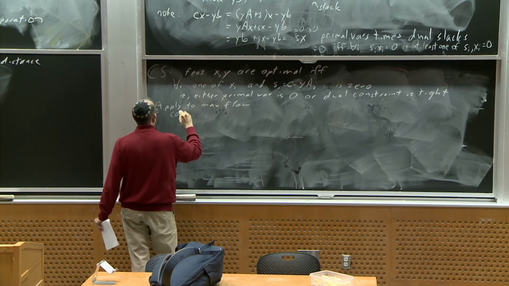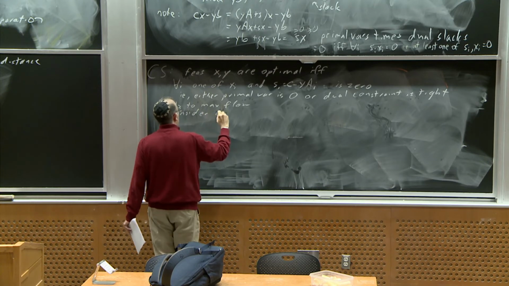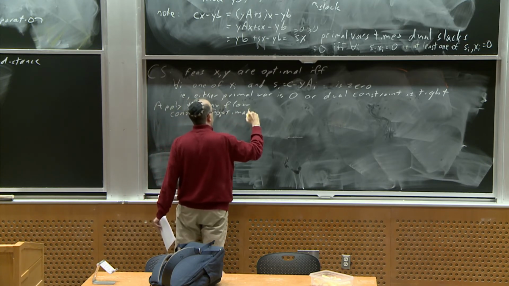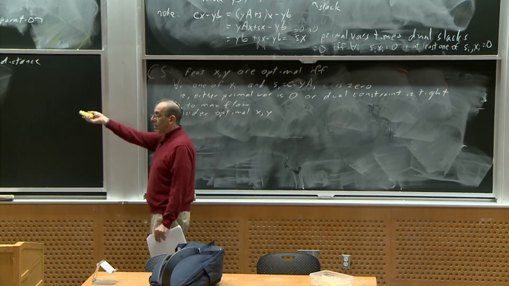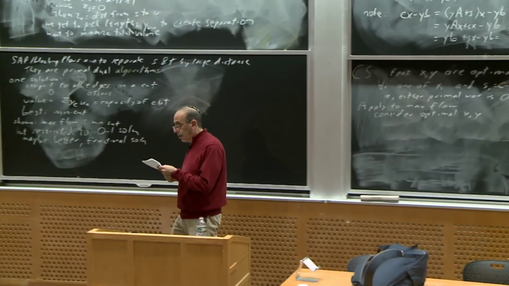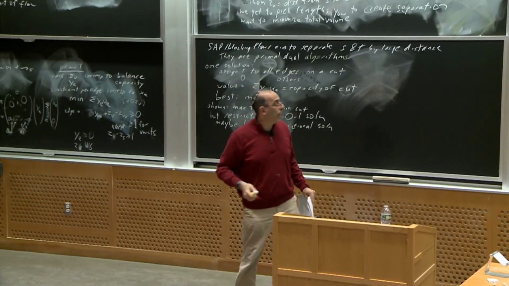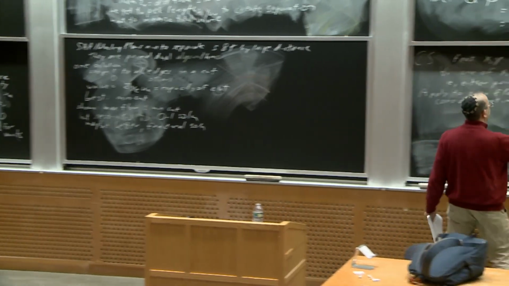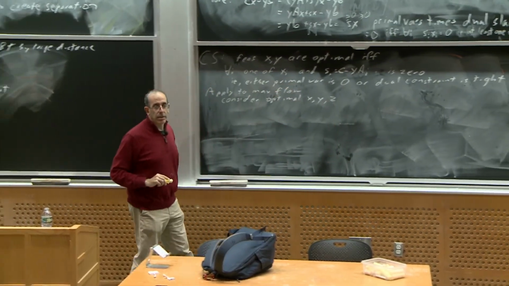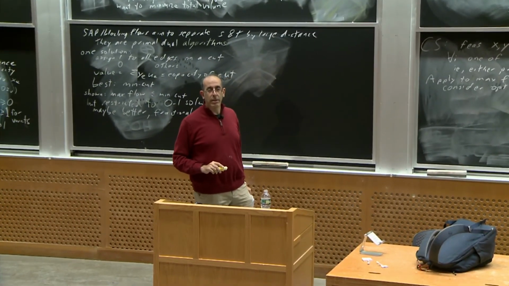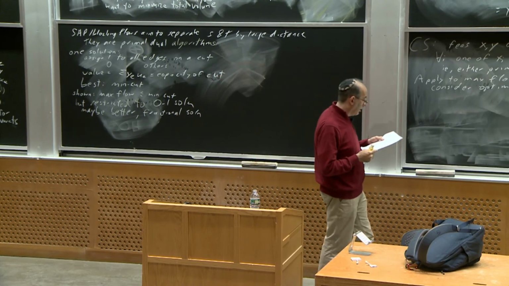So let's consider some optimal x and y for the max flow linear program and its dual. We also had z variables. X is in the primal and y's and z's in the dual.